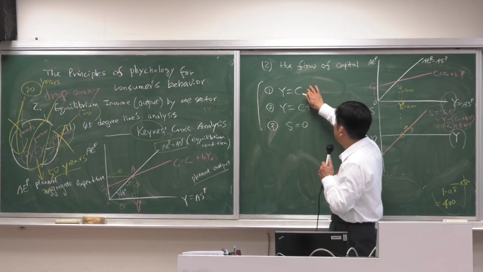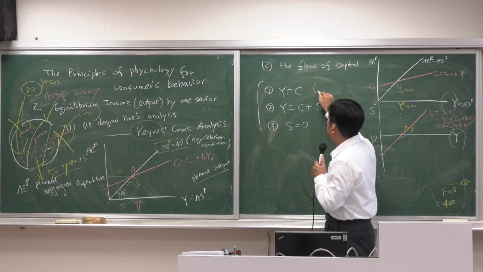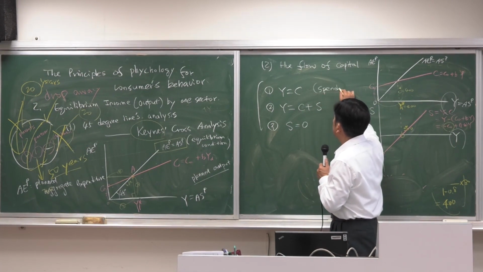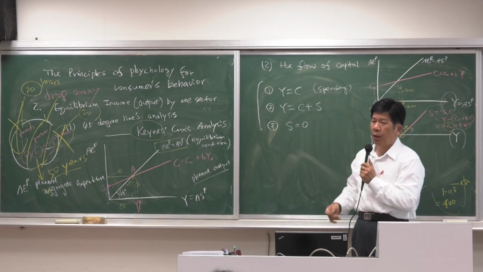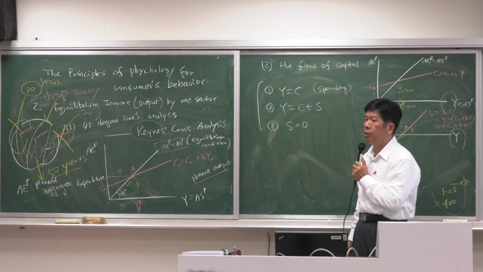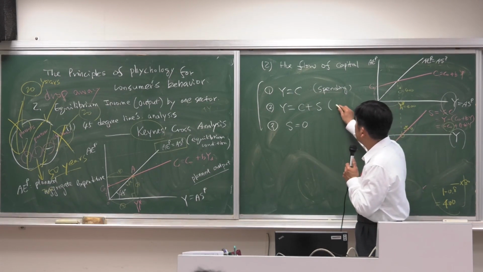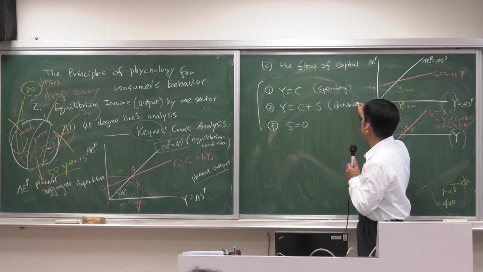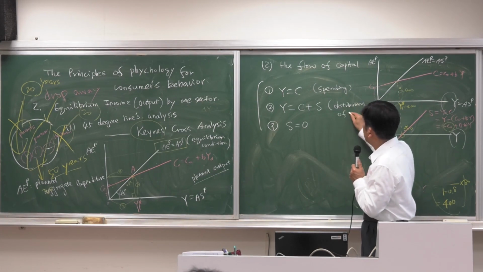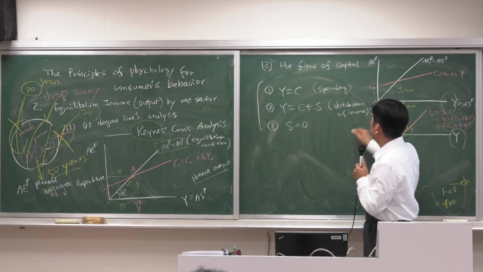This is from the spending, okay? When you have the money, you can do the consumption. And the other is for the distribution of your earning, the income, okay?